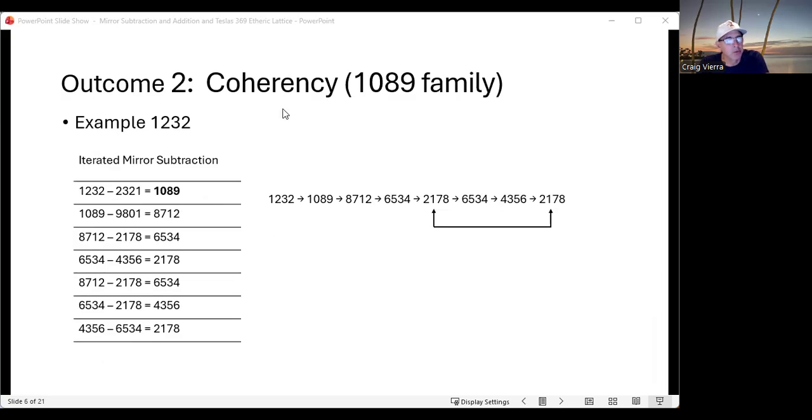Now, this is what was so fascinating. Here's an example of a number, and this one is 1232. If we put 1232 through it, and we minus it by its reflection, 2321, you get 1089.